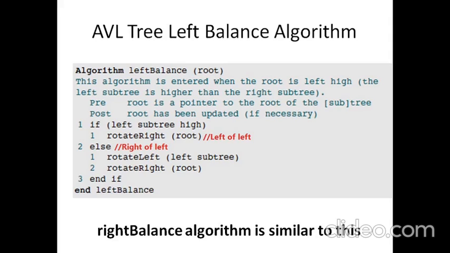The simple solution is to rotate it towards the right side, so that the excess node is moved towards the right side, and it becomes balanced again. Similarly, right of right also has a simple solution, which is to rotate it towards the left side. But when you encounter left of right, in that case you have to first make it left of left.